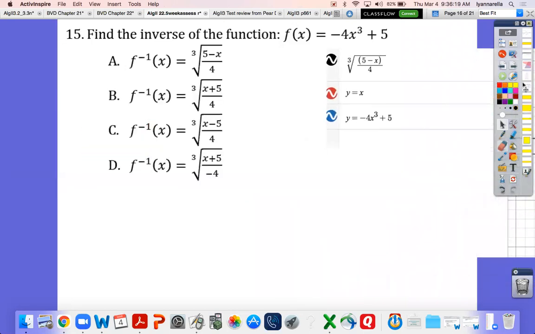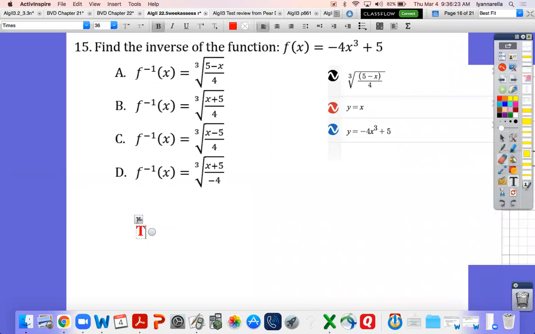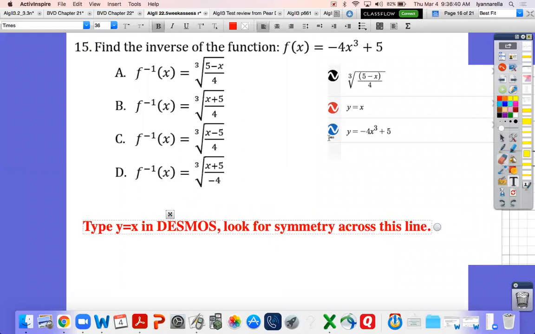So let me add that to your notes: type y equals x in Desmos. Look for symmetry across this line. A lot of this is vocab. They know you can go to Desmos, but when you get there, are you going to know what an inverse function means?